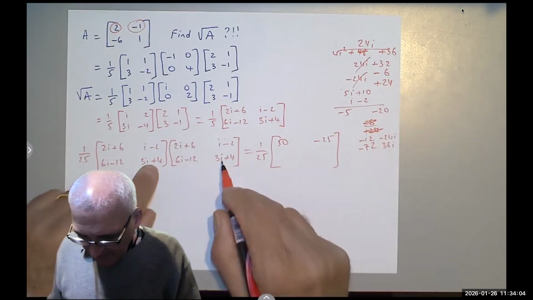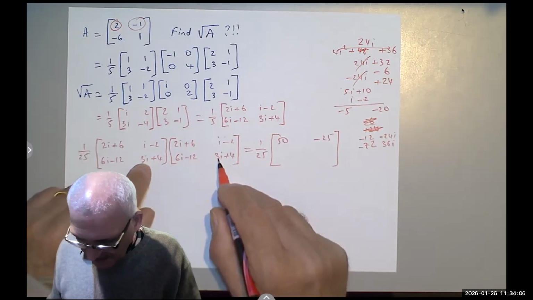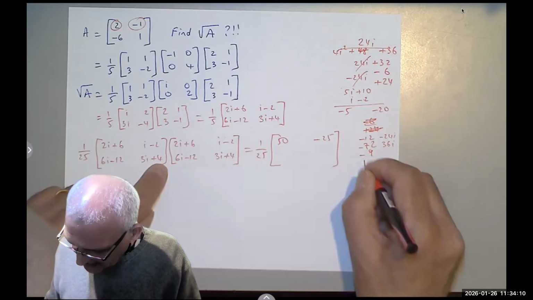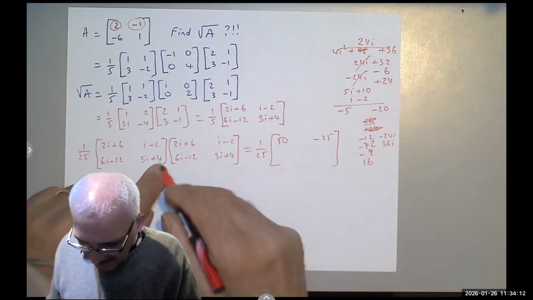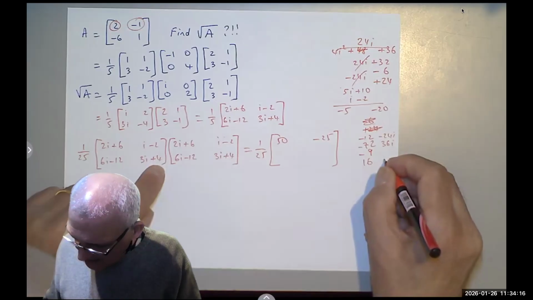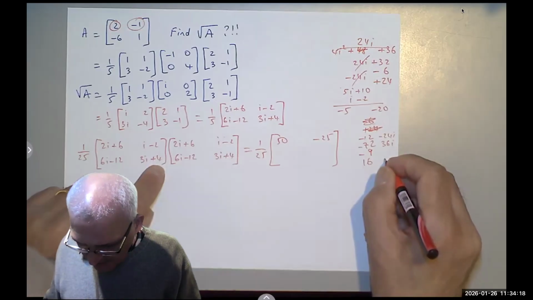And then when I multiply these two together, I get 3i squared, meaning negative 9, and positive 16. And then 12i and 12i is 24i. What did I do wrong?